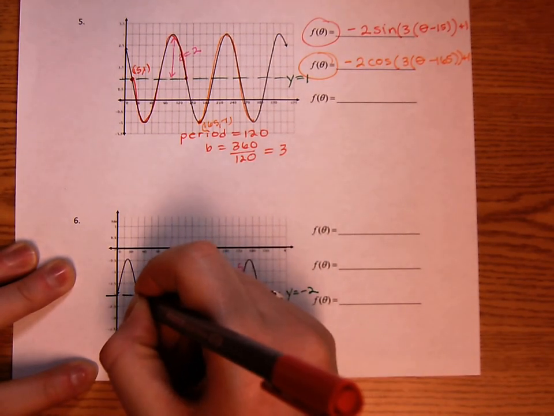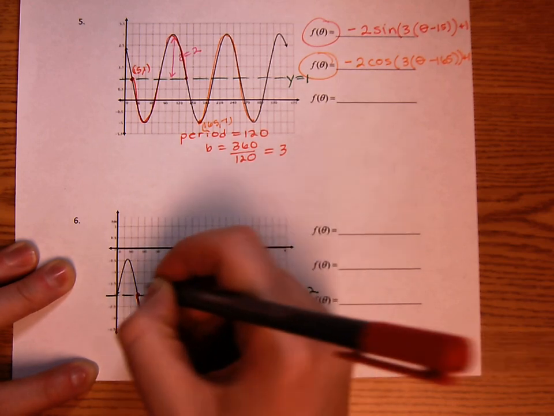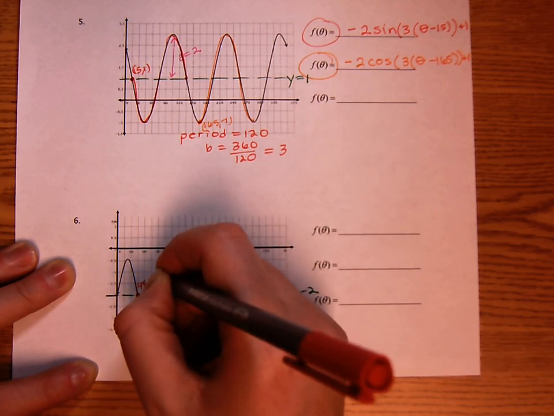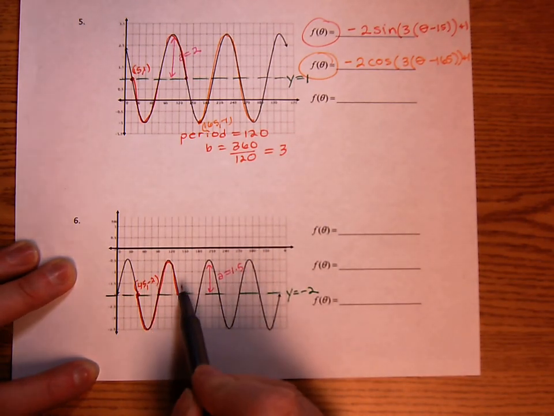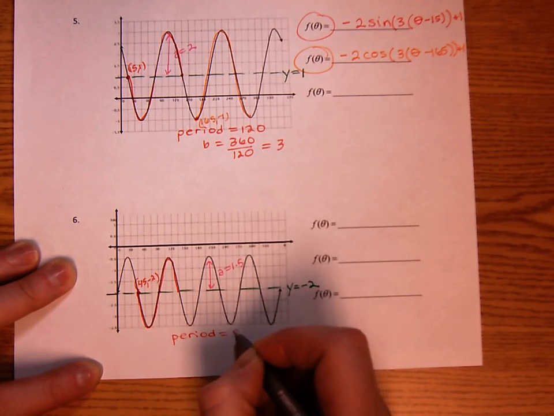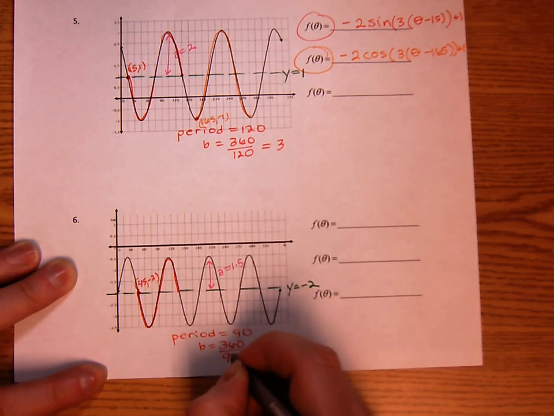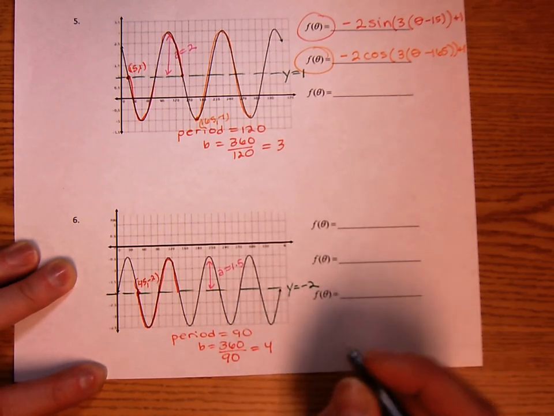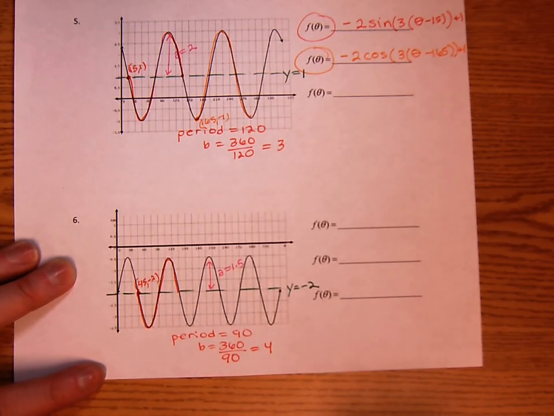That would be right here. That brings me from 45 over to 135, so that tells me that the period is 90. So my frequency would just be 360 divided by 90, which is 4. And again, how I got 90 is I went from 135, subtracted 45, and that gives me 90.